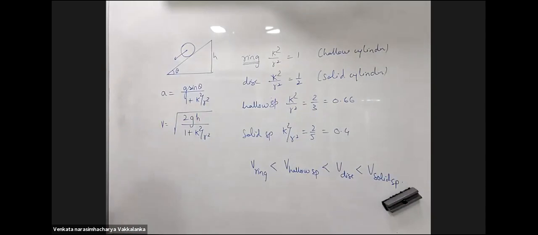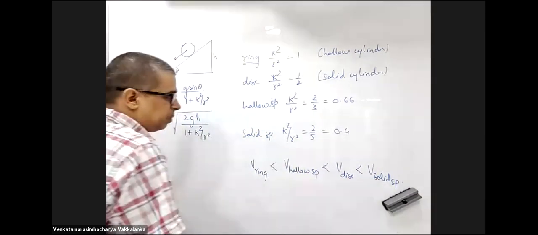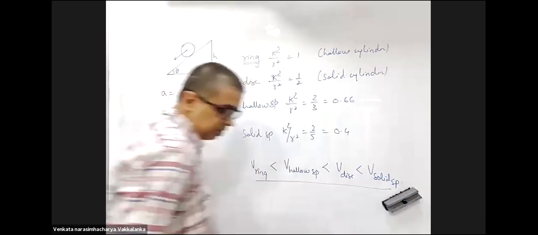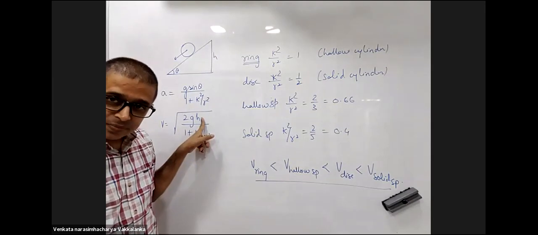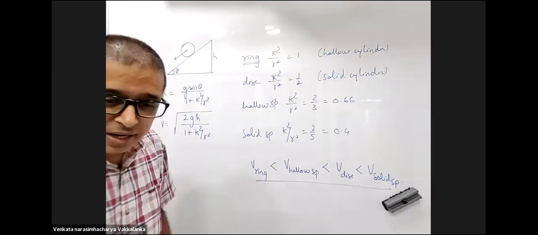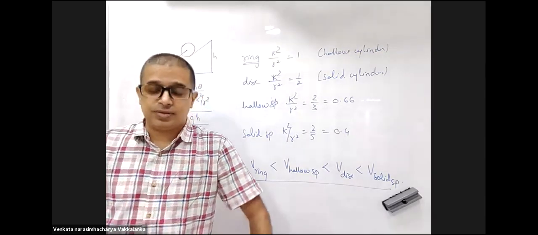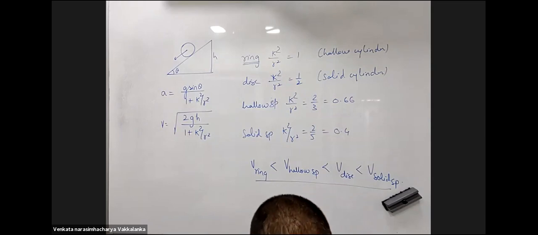Sir, fastest, no? Fastest. Velocity of the solid sphere will be the fastest if all are released from the same height. If all are released from the same height and it's independent of the mass, right? And it is independent of the mass.